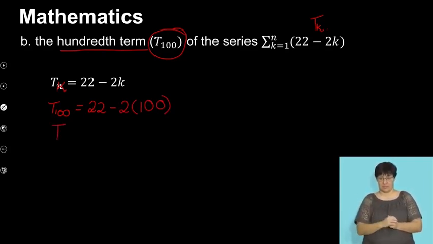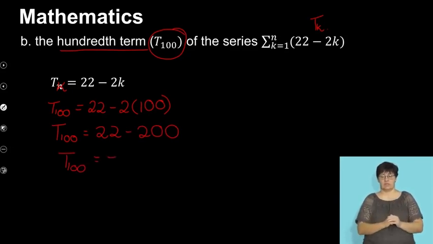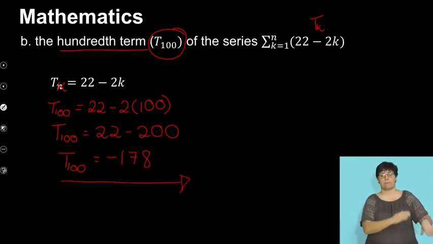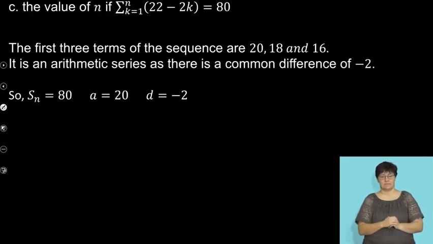So term 100 will be equal to 22 minus 200, which ultimately means that term 100 will be equal to negative 178. Great, guys. I hope everyone is with me. Let's move on to C.